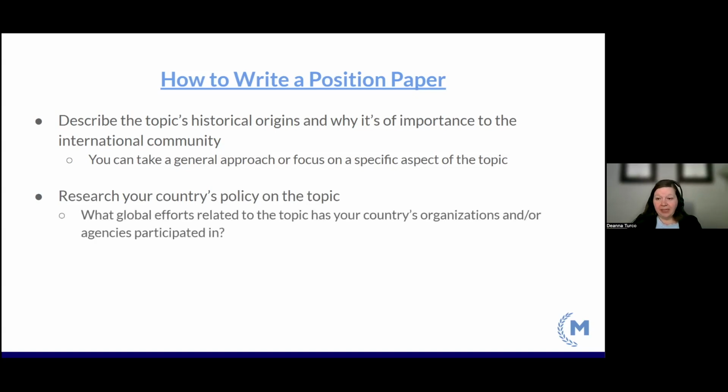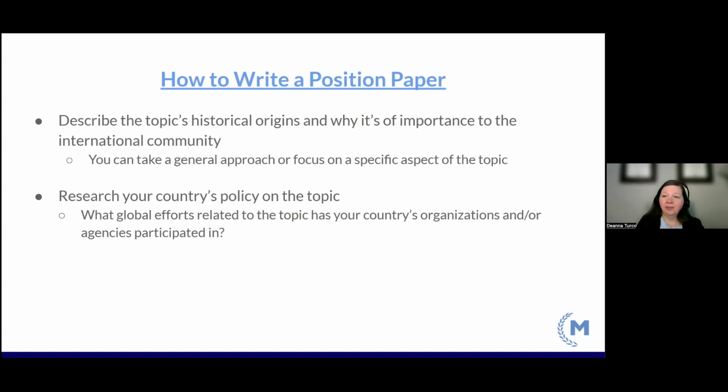Something to keep in mind when you're researching your country's policy and drafting your position paper is, what has your country or the organizations within your country done on a global scale, or even on their own member nation scale, to address this topic? They can be part of a coalition.